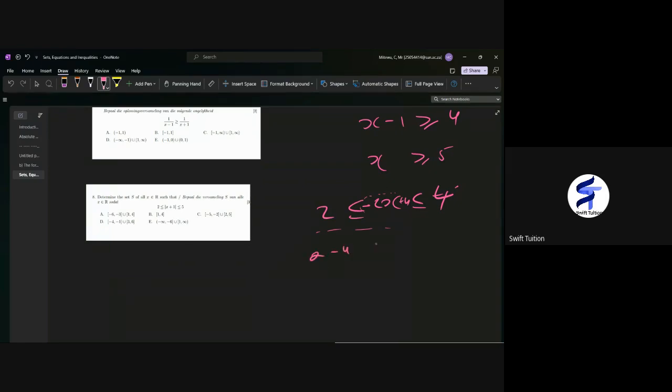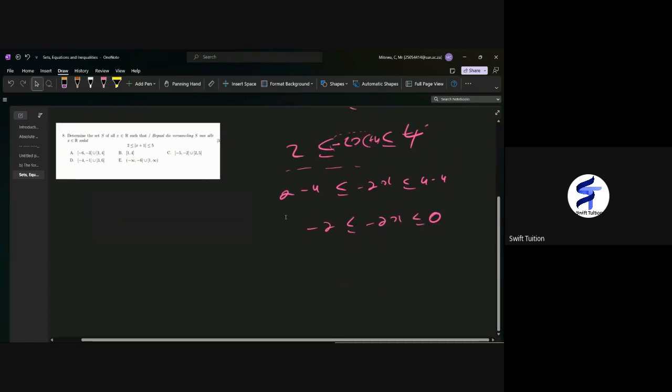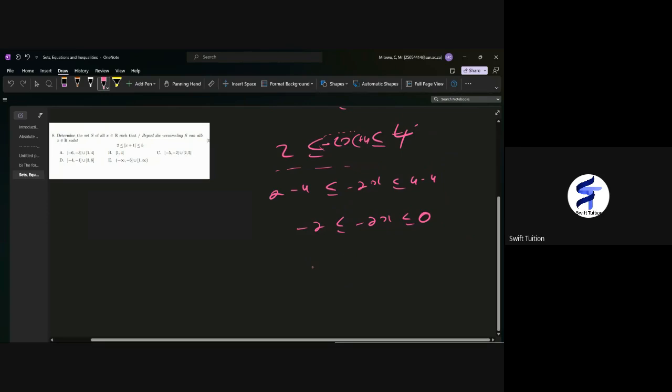So that'll be 2 minus 4 is less than or equal to negative 2x is less than or equal to 4 minus 4. So essentially we have negative 2 is less than or equal to negative 2x is less than or equal to 0. We divide both sides by negative 2. We find then that 1 is greater than or equal to x is greater than or equal to 0. And then just to rewrite it nicely, we can say that x is greater than or equal to 0 and less than or equal to 1.